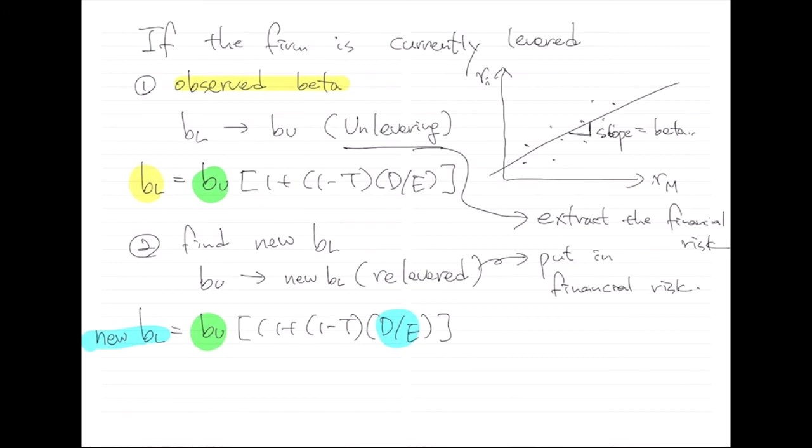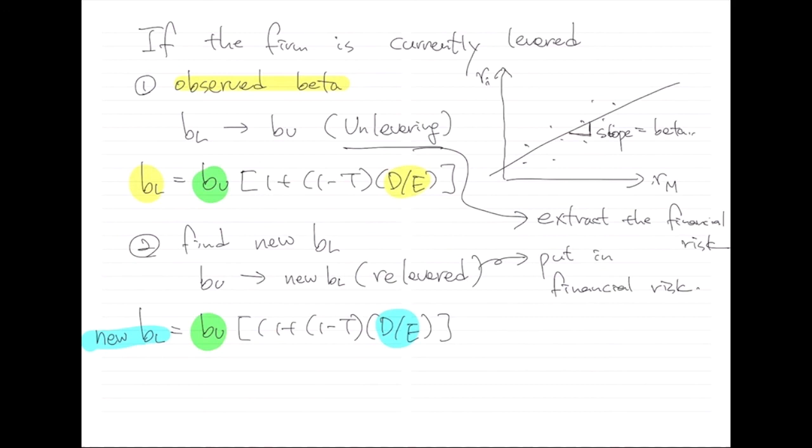Maybe this older levered beta has another debt to equity ratio, but now we get a new levered beta with a new debt to equity ratio.